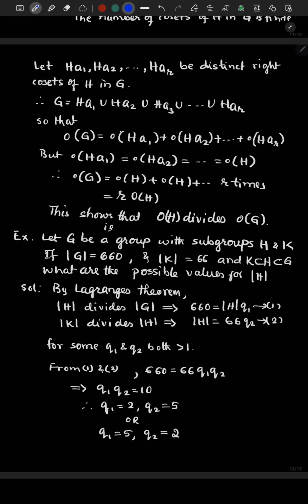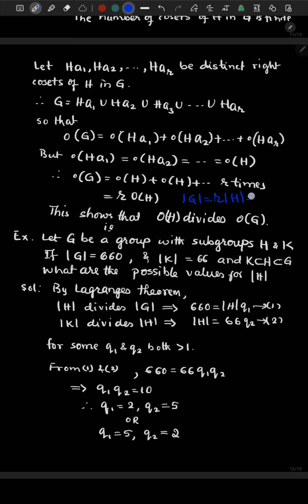We are adding the number of elements in H, r number of times, because there are r cosets. So r into order of H. In another way we can write, cardinality of G is equal to r times cardinality of H.